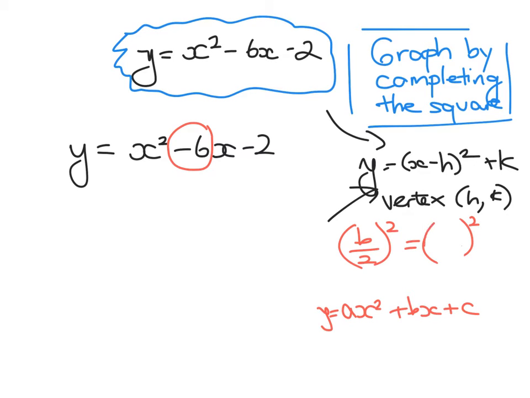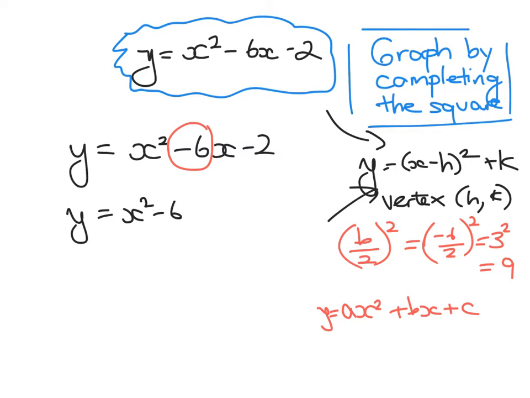That gives us 3 squared, which equals 9. So we now know that (b over 2) all squared is equal to 9.